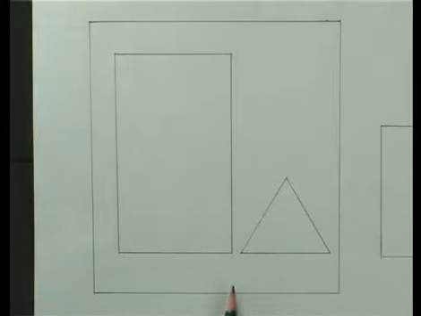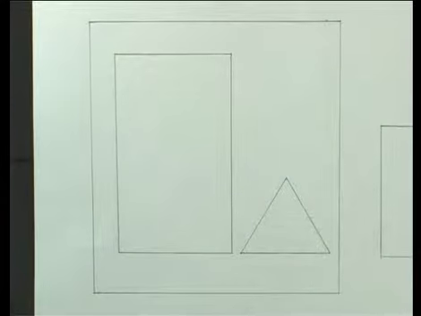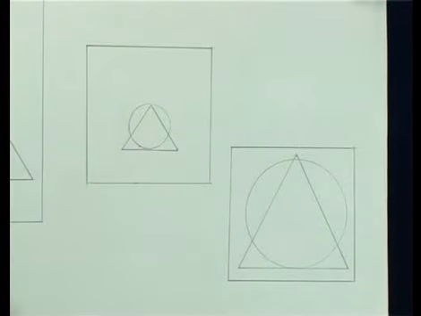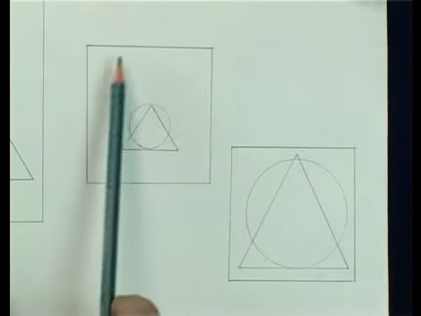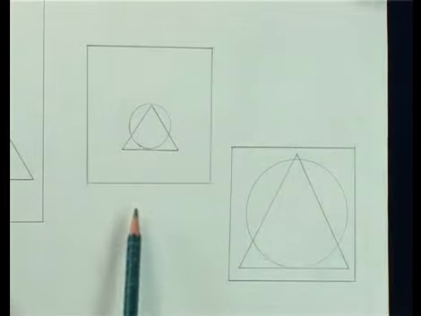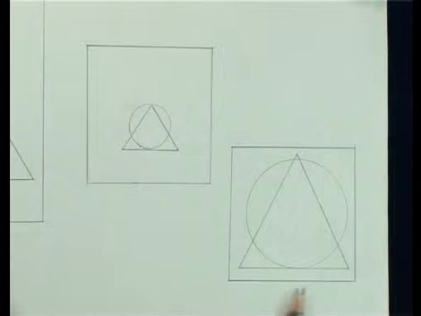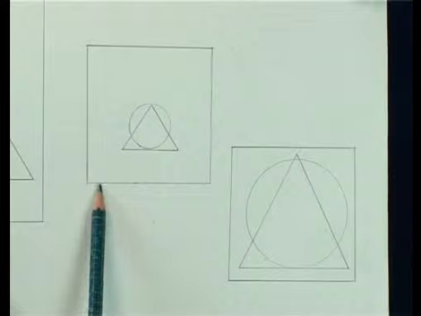The other one is not balanced as there is one big object on one side and a smaller object on the other side of it. In the last one, form is not according to the canvas or paper.